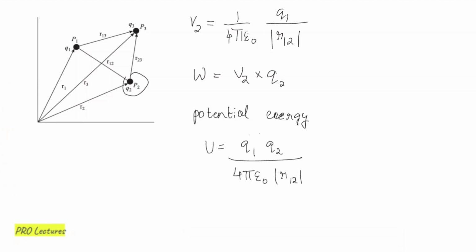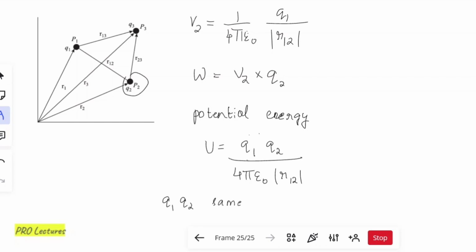Now let's think about what happens when the charges interact. If the charges Q1 and Q2 are of the same sign, both positive or both negative, the work done is against the repulsive force to bring them closer. This means the potential energy of the system increases as the charges move closer. On the other hand, if the charges are separated, the electric field does the work and the potential energy of the system decreases. So if Q1 and Q2 are of the same sign, as we bring them closer, potential energy increases.